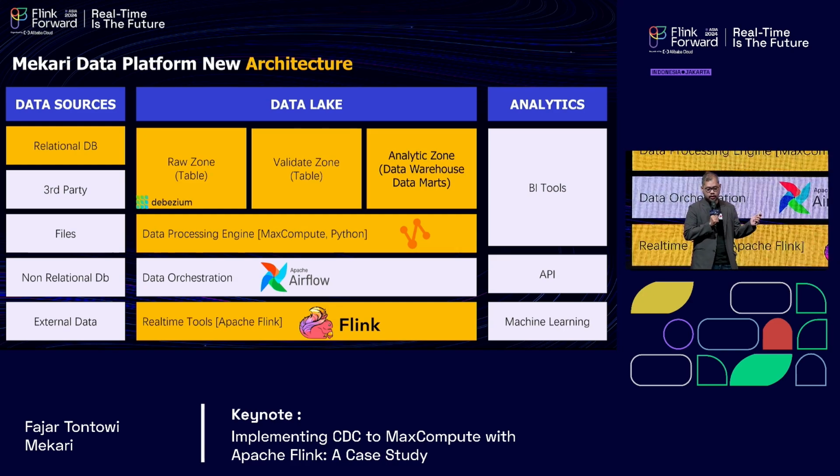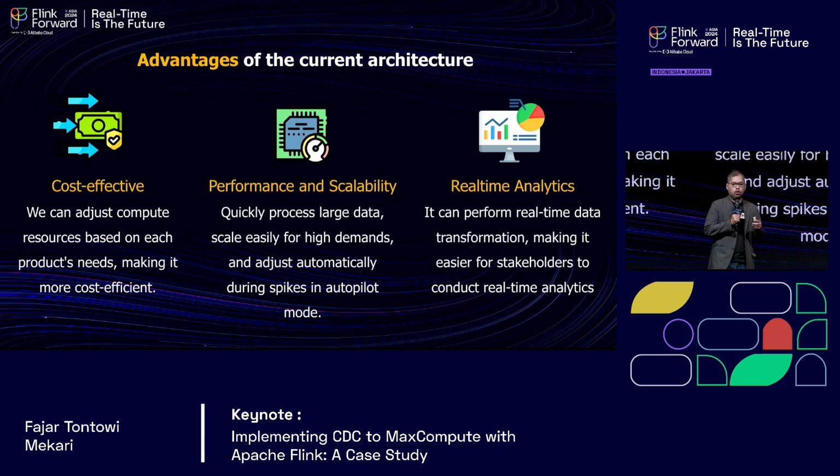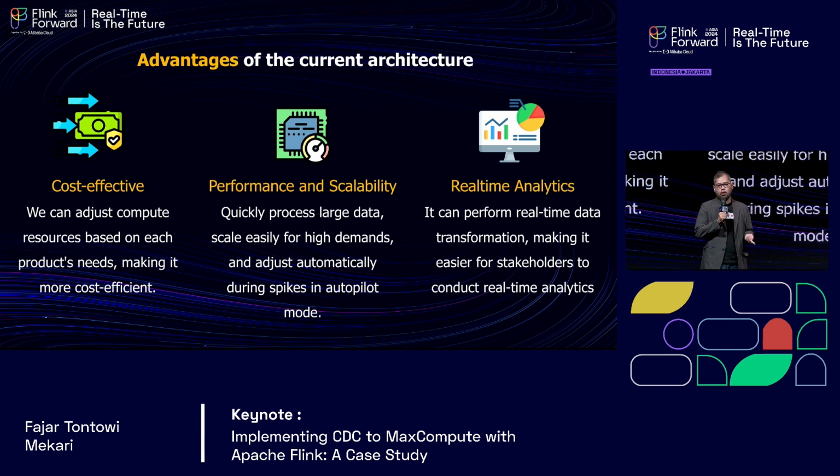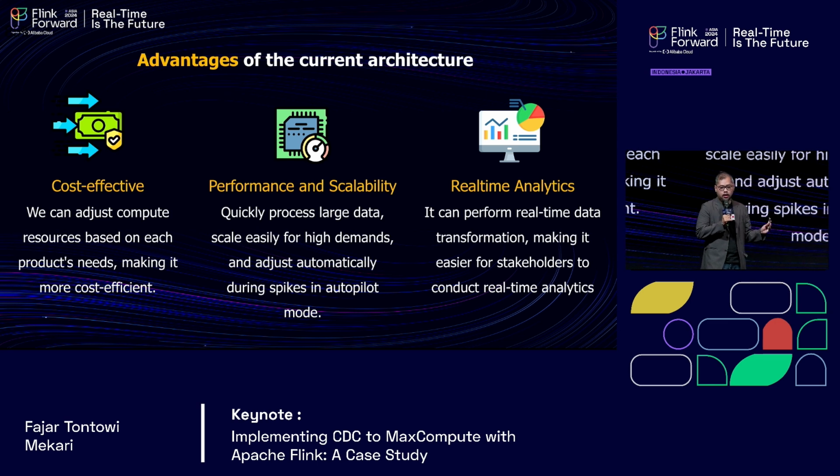The advantages of the current architecture: it is cost effective because in Flink, we can distribute the resources based on our product. If Journal needs more resources, we can put more resources in Journal. If Talenta needs more resources, we can also put more resources in Talenta. It's possible to do that in Apache Flink.